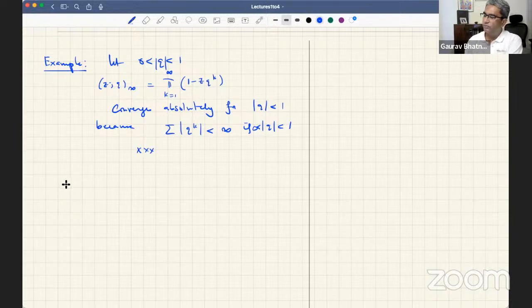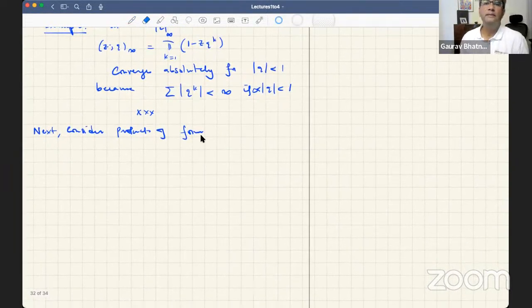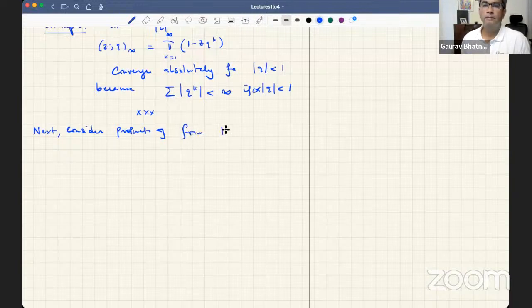So let's consider products of this kind: 1 plus some function of Z, a_k(Z), with k going from 1 to infinity.